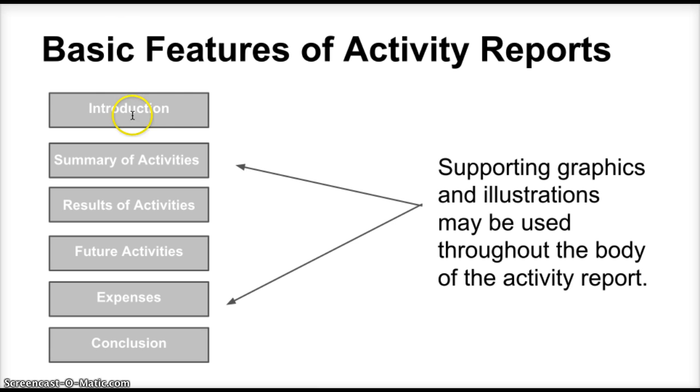You can see that, as with many types of documents, you begin with an introduction, and your introduction should clearly state the report's purpose and the main point of the report. Next, you would move into a summary of activities that occurred within that reporting period. Next would be the results of those activities or research within the time frame that this particular report covers.